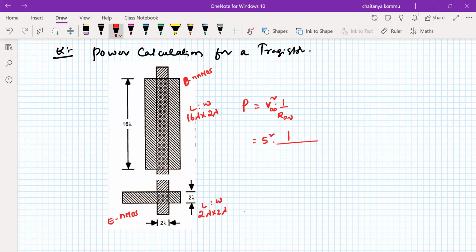It is 8 into 10 to the power of 4 plus 1 into 10 to the power of 4. What is this value then? 25 divided by 90 kilo ohm per square. Can anybody guess what this value is?